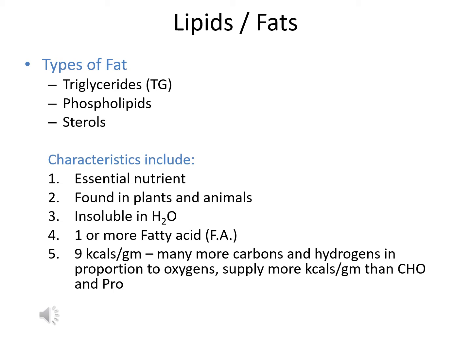Now this is more than carbohydrate or protein provide. If you recall, they provide 4 calories per gram. And the reason is that fat contains many more carbons and hydrogens in proportion to their oxygens. For that reason, when they go through the metabolic pathway, they can simply generate more energy.